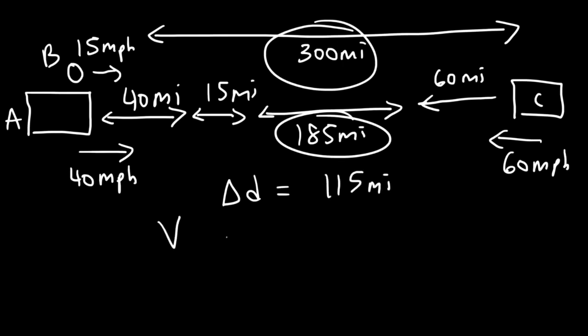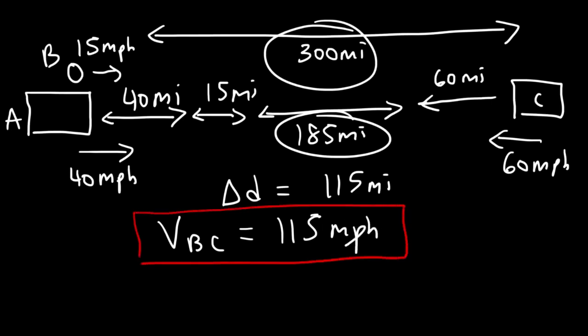Therefore, we can say that the velocity of ball B with respect to car C is 115. If you compare the ball and car C, in 1 hour they're 115 miles closer. So the velocity is going to be 115 miles per hour. Hopefully that illustration helps you to understand the concept of relative velocity.